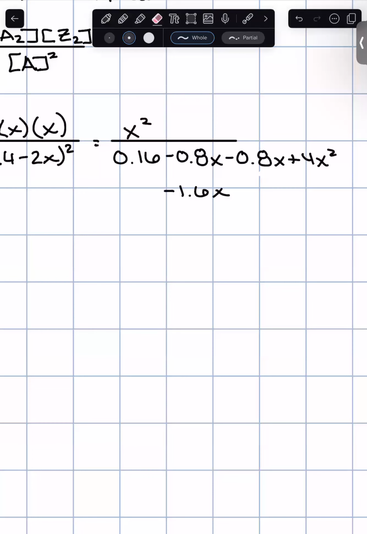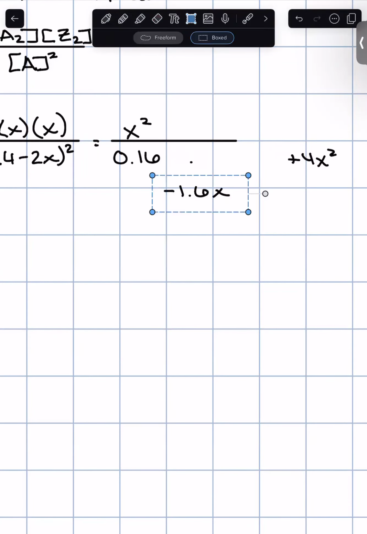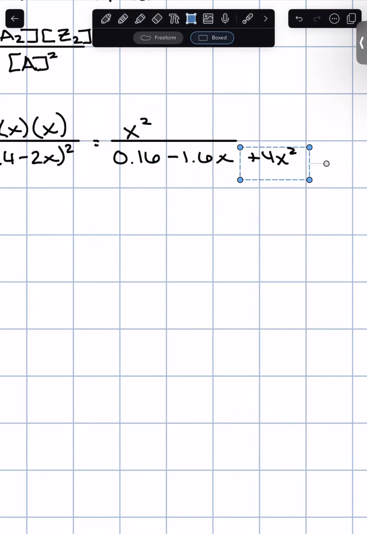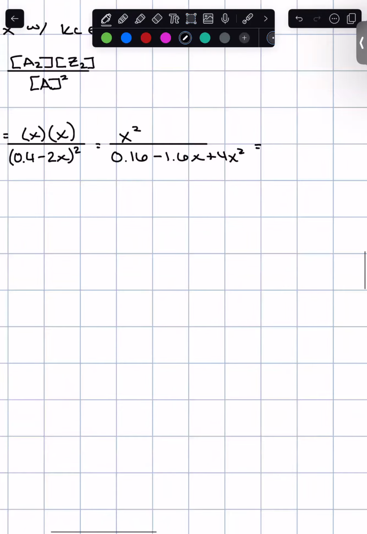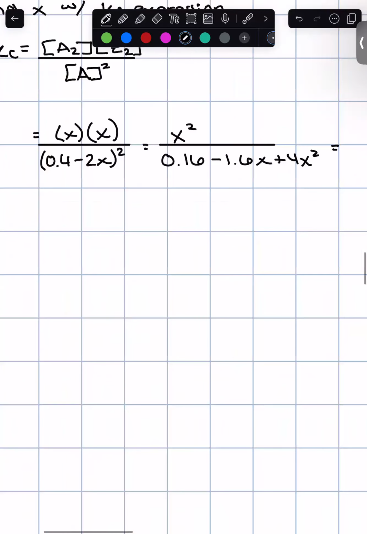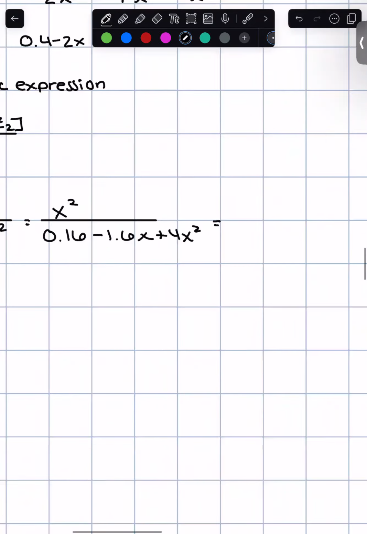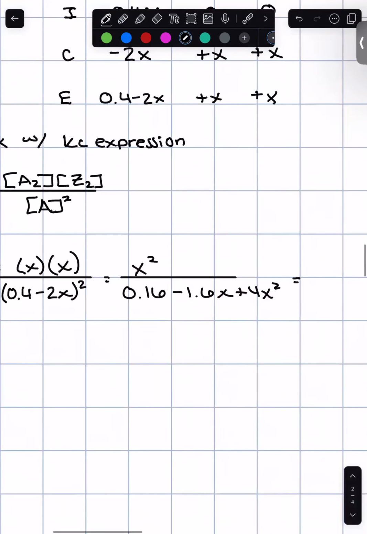I'm going to replace that. And that is equal to, I didn't make a math error there, did I? No, we should be good. Okay, and that is equal to our Kc value of 36.